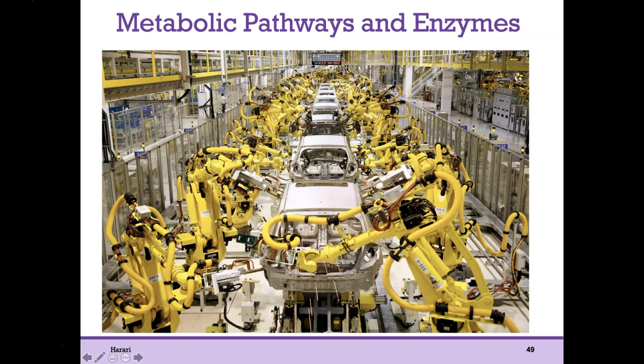Because this robot over here only knows how to work on a car that's been worked on already by this robot over here, right? So each robot depends on the robot prior to it. So that's how our pathways work in our bodies, right? Each enzyme relies on a different enzyme before it to do its job. So enzymes work together in these complex pathways.